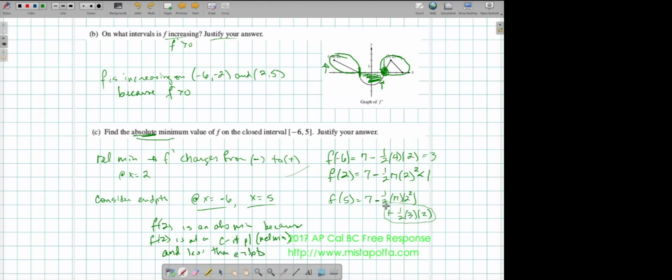I need to put some type of justification for that there. Usually the math itself is enough. And you'll probably get points for finding the relative minimum, considering the endpoints, and eliminating them.